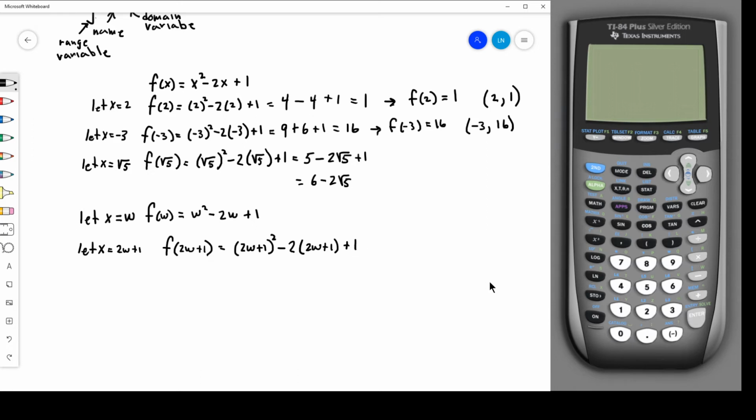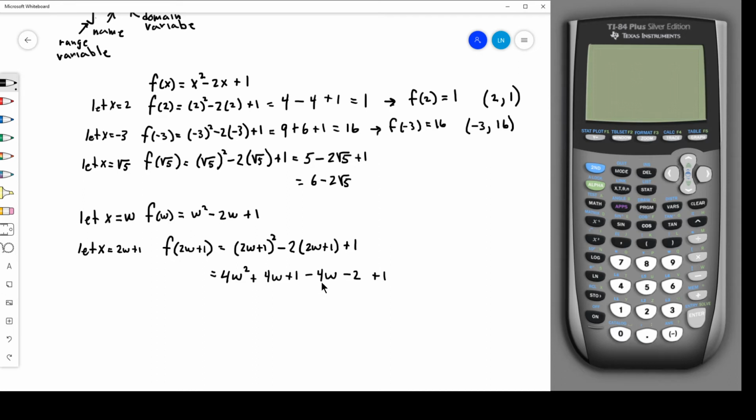Now, in order to simplify this, I've got some work to do. So I have to multiply this out. If I multiply 2w plus 1 times 2w plus 1, I'm going to get 4w squared plus 4w plus 1. When I multiply 2w plus 1 by negative 2, I get negative 4w minus 2, and then I have a plus 1 at the end.